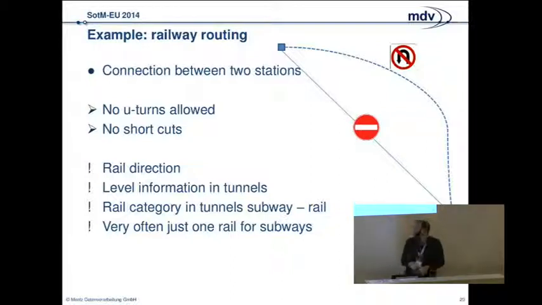But then I've just mentioned here a few issues that we are facing that arise when you look at the attributing of the data and when you really try to make more sophisticated routing with your data set. Sometimes you have a rail direction in your data, or you have level information. You have different rail categories.